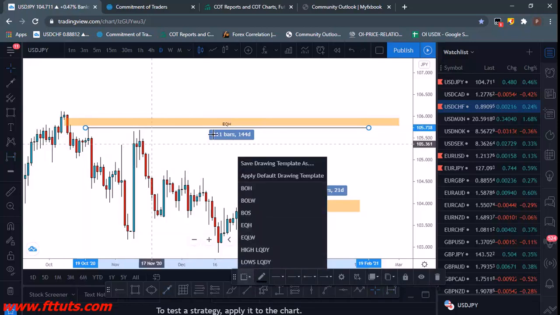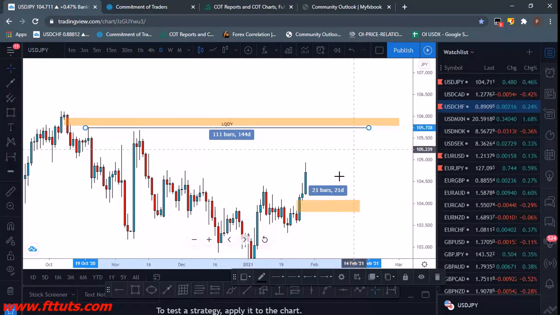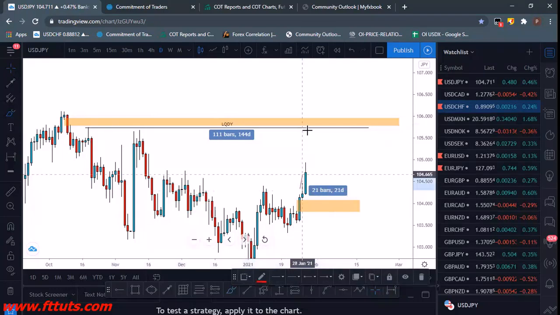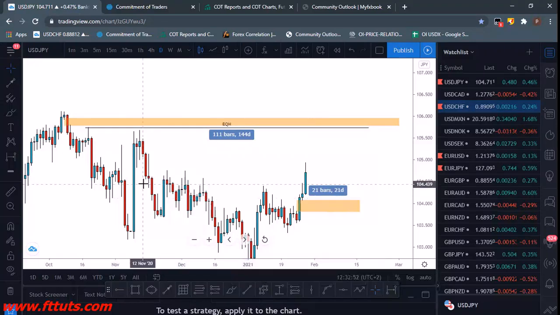You will likely see that I have LQDY. That means that the equal highs are manipulated. So this is high LQDY. This means that it's manipulated. Once price goes through it and manipulates it, it will become the LQDY. But right now, as it is, it's just equal highs. So EQH is equal highs.